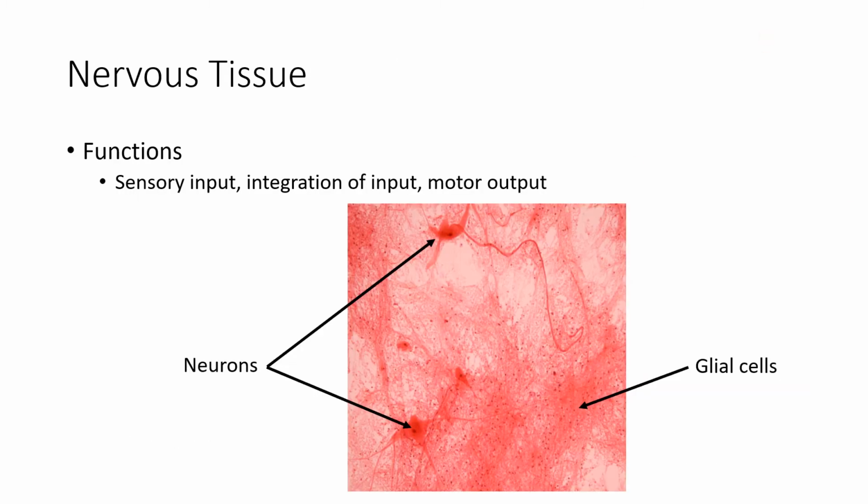Now, the final tissue, the final thing we're going to learn for Unit 1 is nervous tissue. We will look at more nervous tissue in our final unit when we look at a nerve cell and we look at the spinal cord. But for right now, we're just going to take a quick look at what the tissue looks like.